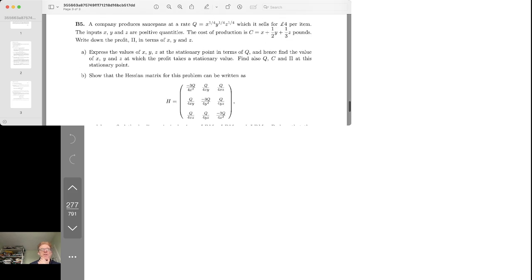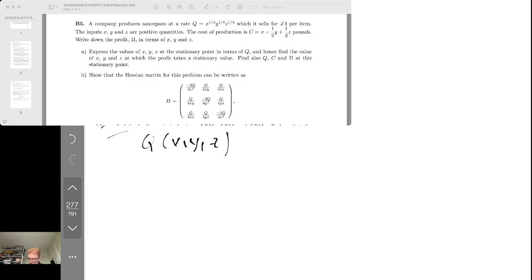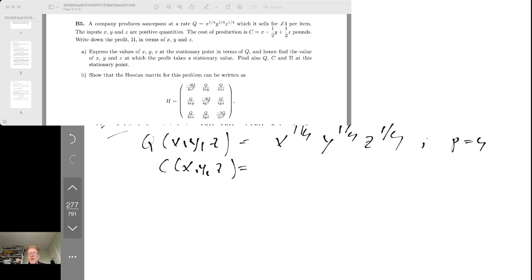So B5, you're now given a production function of 3 variables, x, y, z, all to the power 1/4. The price P is 4 per item, and the cost function of the 3 variables is x plus half y plus 1/3 z.